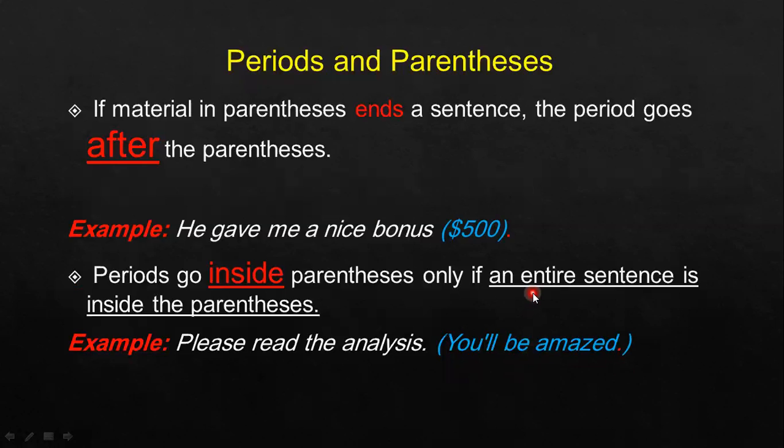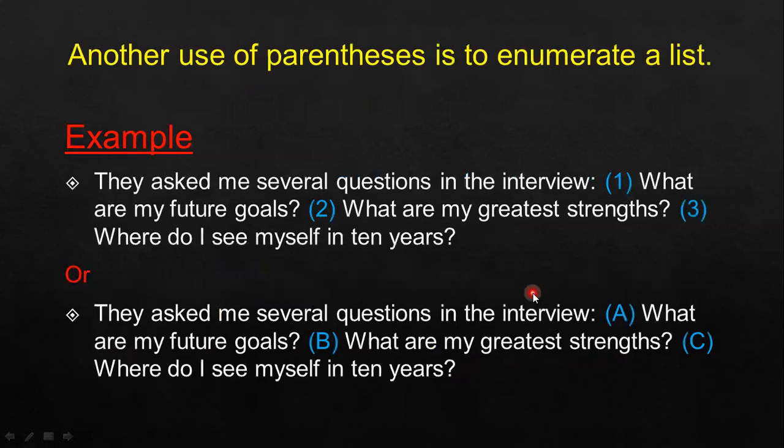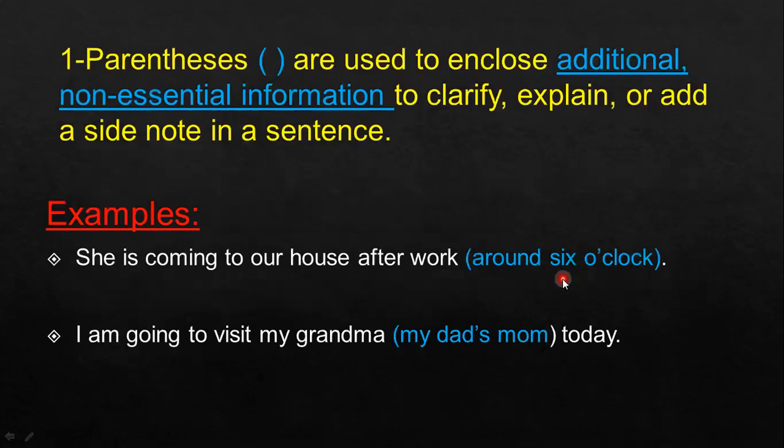Okay? So again, what did we say today? We said that we use parentheses mainly to enclose additional non-essential information, to clarify, to give explanation, to add anything to the sentence which is not very important. Like here, she's coming to our house after work around 6 o'clock.